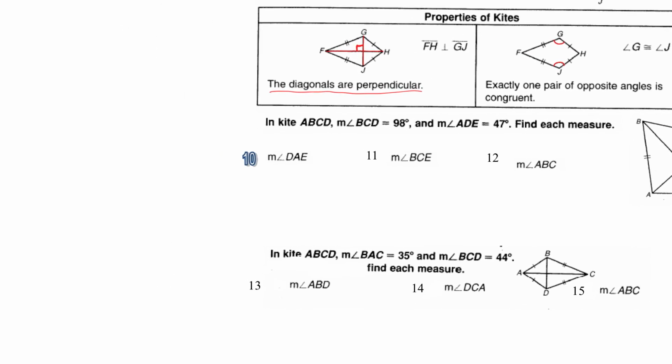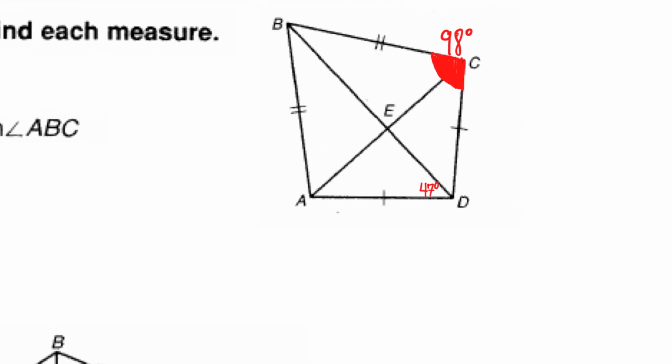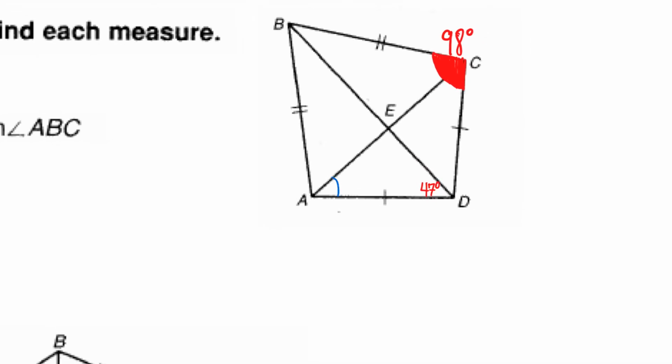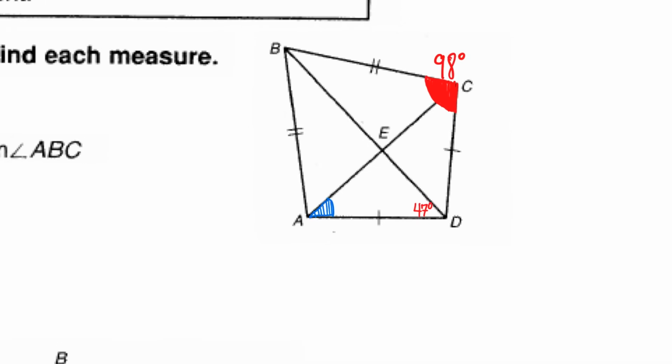So the first one is angle DAE. So DAE is this angle right here. Now there's one of the properties that I'm going to use to help me find that angle DAE. What do you think I'm going to use here to help me with that? The diagonals are perpendicular, so what's that going to tell me?